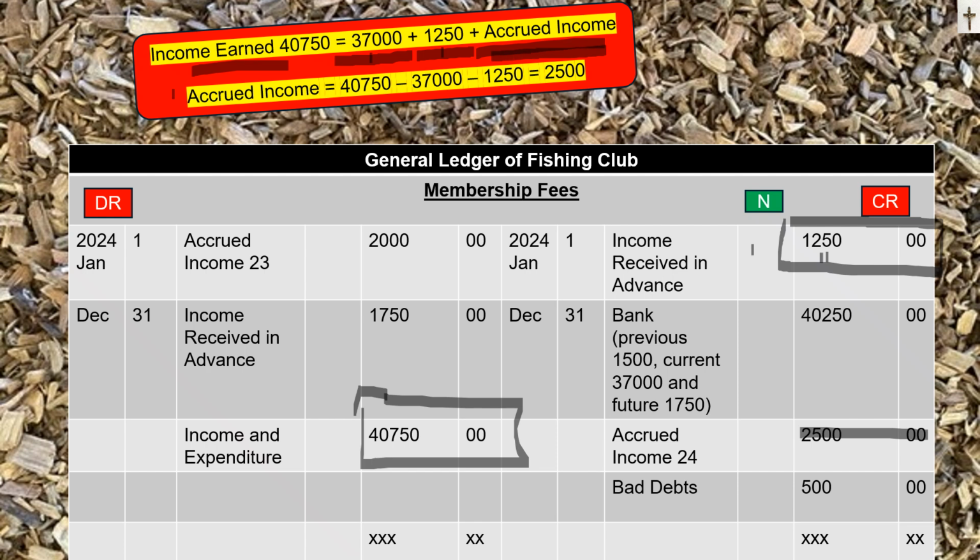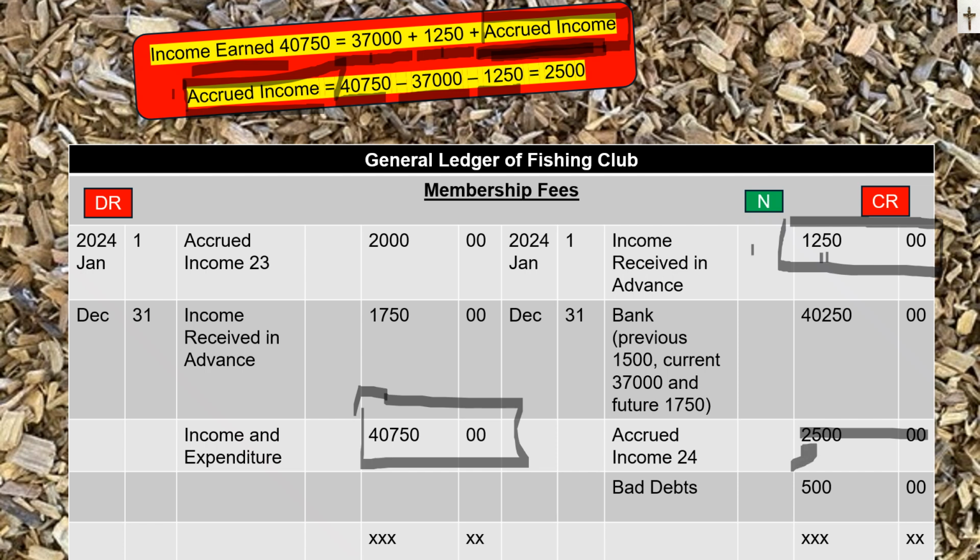So if I make accrued income the subject of the formula, we're going to be left with income earned minus the cash received for the current year less the income received in advance gives me what? The accrued income.